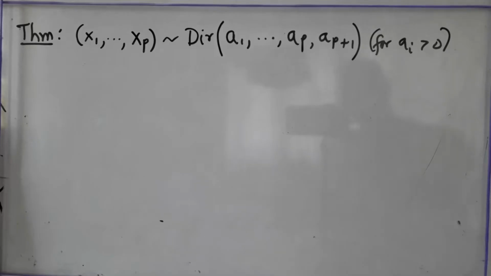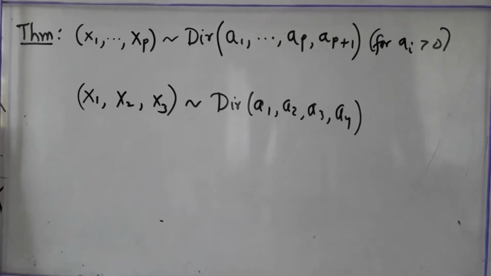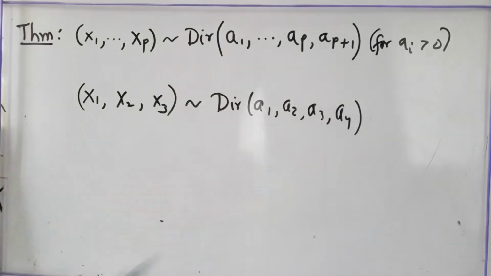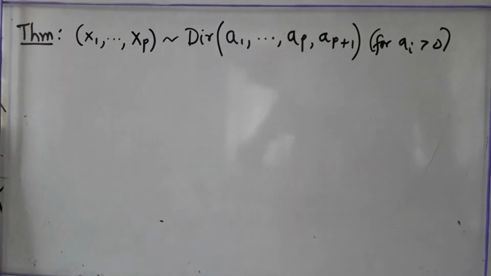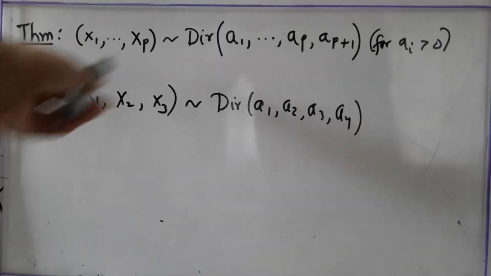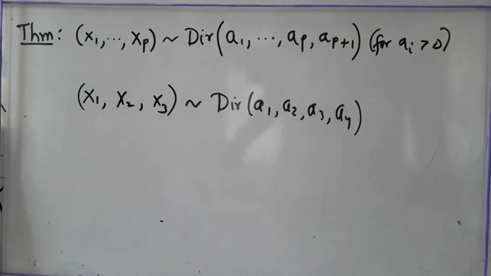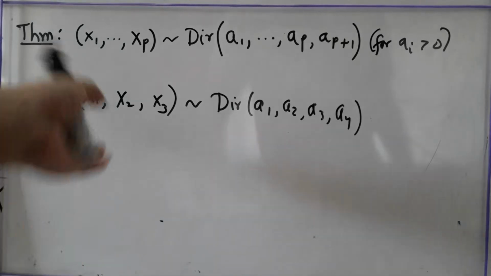The first important theorem is very trivial to prove. It says that suppose you start with a Dirichlet distribution like this. Now what I do is I want to permute them in any order. Just to give you an example, suppose I have p equal to 3. Now what I want to do is just permute them.